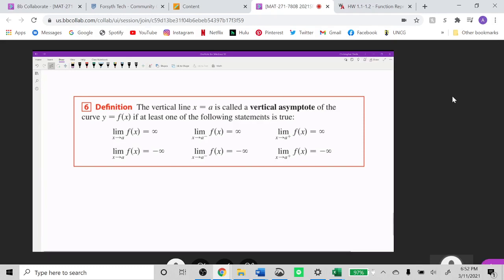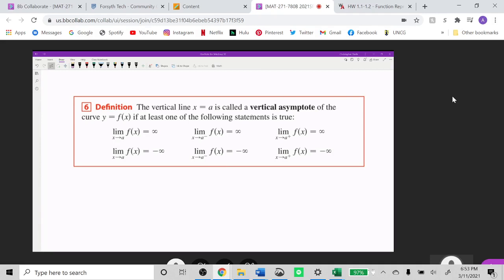The vertical line x equals a is called a vertical asymptote of the curve y equals f of x if at least one of the following statements is true. The limit of f of x equals infinity as x approaches a. The limit of f of x equals negative infinity as x approaches a.